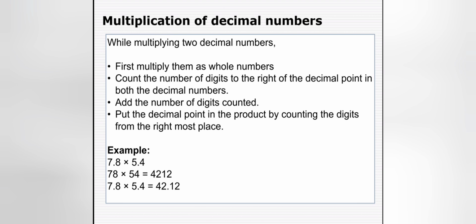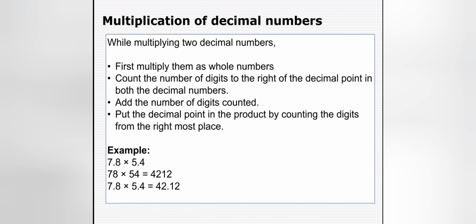7.8 multiplied by 5.4. First, let us find the product of 78 and 54, ignoring the decimal point. So, if we multiply 78 by 54, we get 4212. Now, we will see the decimal places in both the numbers is 1 and 1.